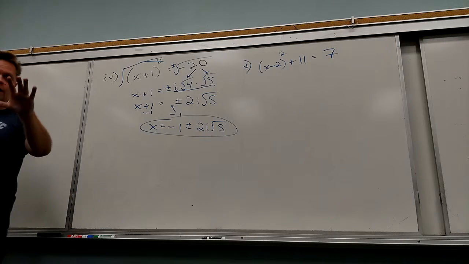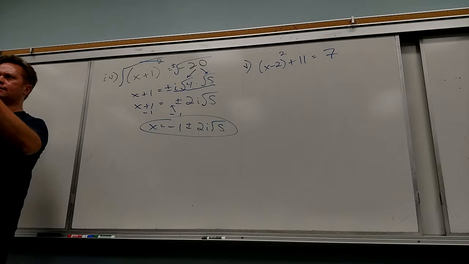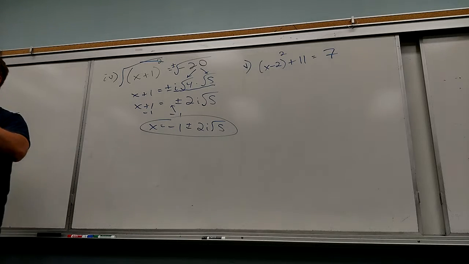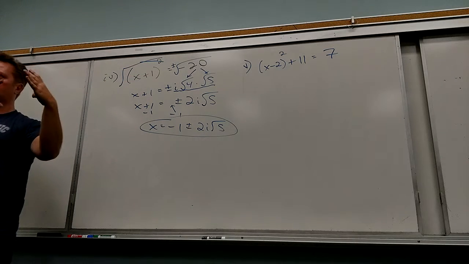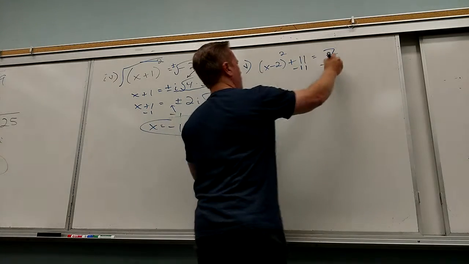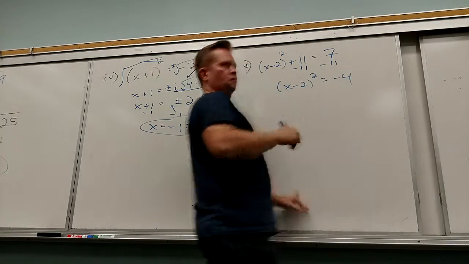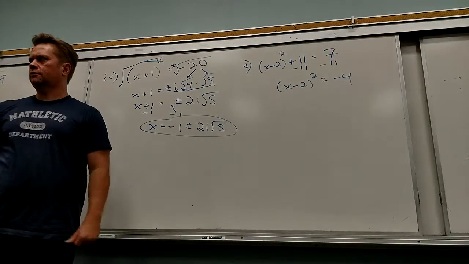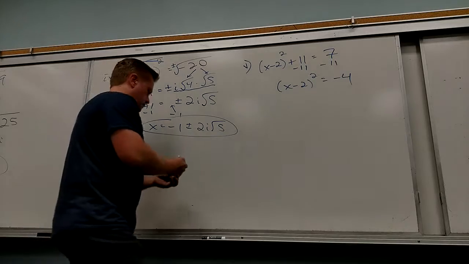So in general, how do I solve an equation? Wherever x is, whatever term or chunk x is in, get it by itself first. Sort of like the whole isolate the radical idea. Now this is kind of the same idea. I'm isolating the squared part, because that's where my x is. So subtract 11, subtract 11. Unfortunately, you can't just stop here, like we could if it was a radical. Square root, I like it.